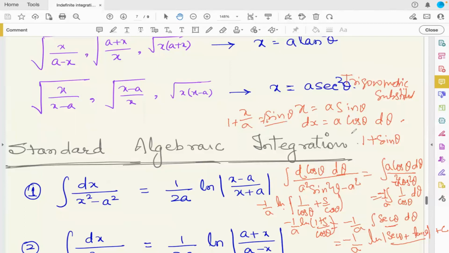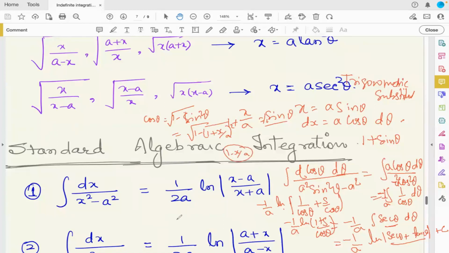And then cos theta, when we find it, we apply root over 1 minus sine square theta. And when we apply that, it is root over 1 minus x by a whole square. And when we solve that, we get 1 minus x by a.